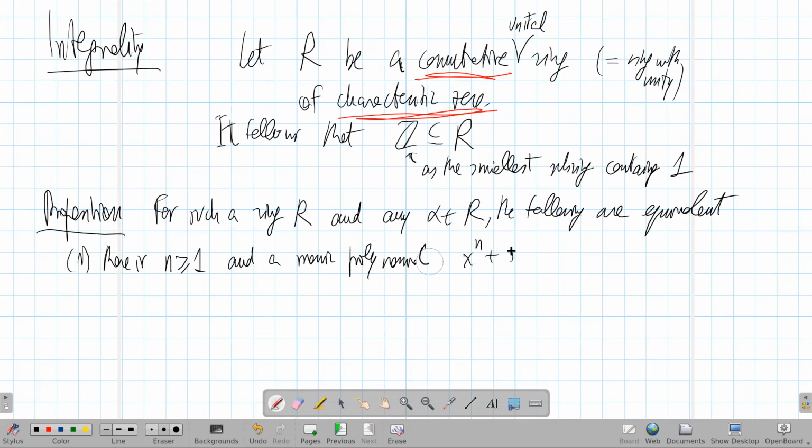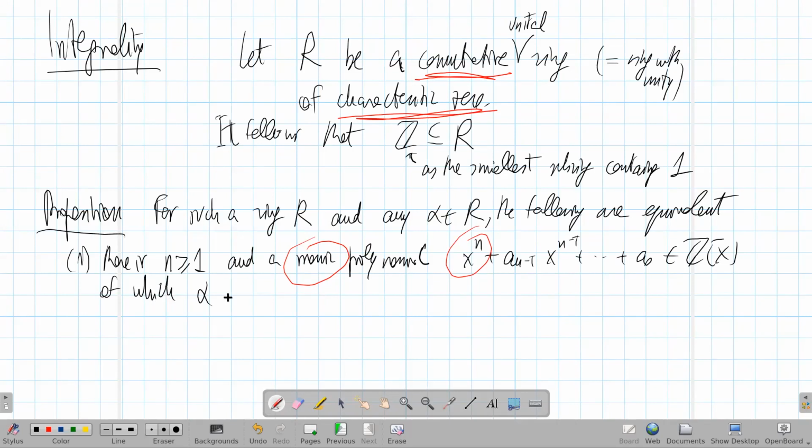X to the n plus a_{n-1} x to the n minus 1 plus and so on plus a_0. So a polynomial, but note it's monic, so the coefficient of the highest term is 1, of which alpha is a root. Which means, of course, that alpha to the n plus a_{n-1} alpha to the n minus 1 plus and so on plus a_1 alpha plus a_0 is 0. Okay.